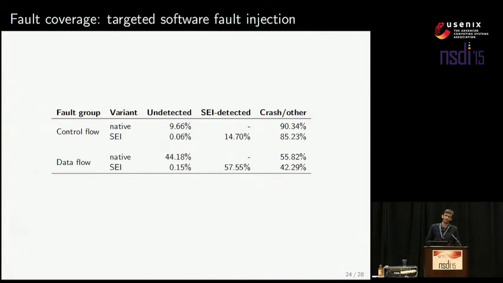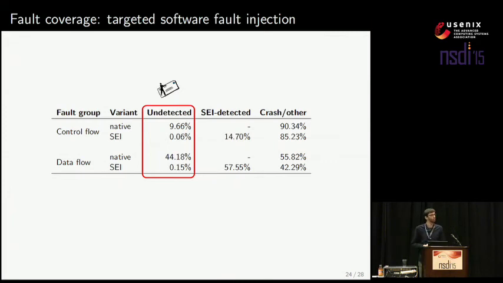And what you can see in this table are the undetected errors, here marked. These are errors that propagate until the messages. So these are the errors that became visible externally from memcached. And for the data flow native memcached, you can see that up to 44% of the errors corrupted messages and could perhaps disrupt the distributed system.